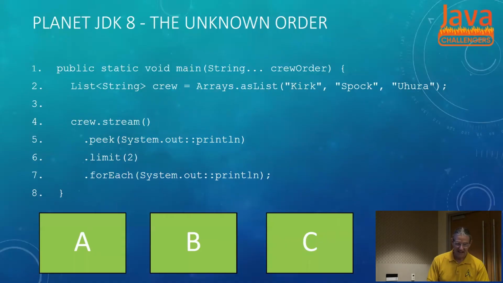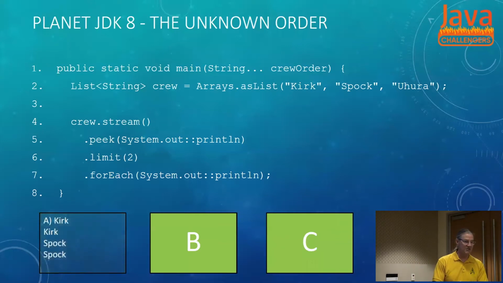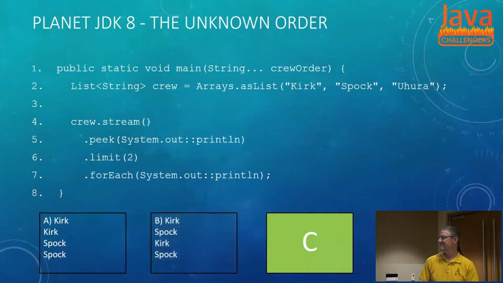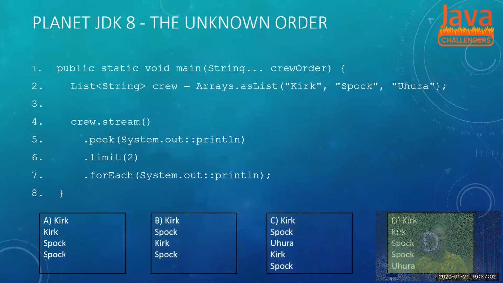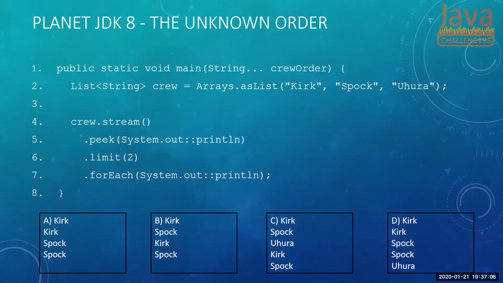Okay, the unknown order. All right, streams. Should be a simple one here. Let's energize and see where it takes us. And Kirk, Spock, and Uhura, at least we're all in the same series. Okay.